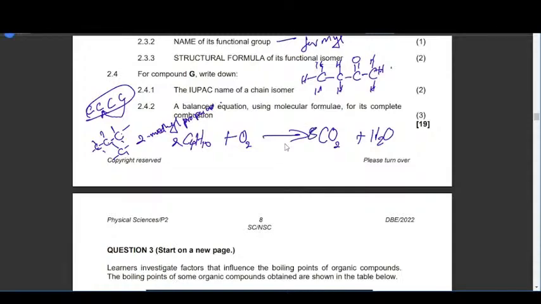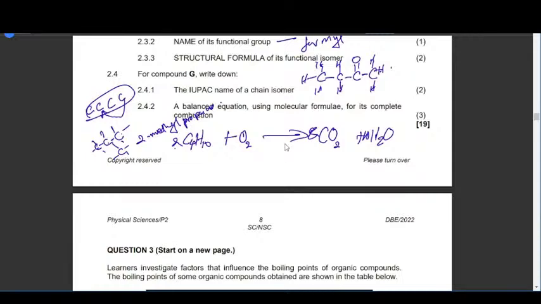So I put 8 here. Yeah, because 2 times 4 is 8. So here the carbon atom is 8. Isn't it? So now, if that is 8, what about the hydrogens? Hydrogens, this and this is 20. I have 10, I have 2 here. If I put a 10 here, it's going to become 20.